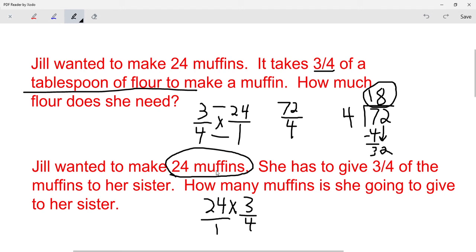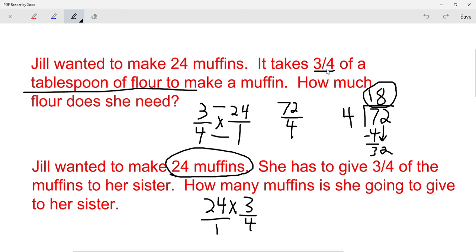This one is specific to fractions, basically. So we're figuring out what 3/4 of 24 muffins is. So we also have to multiply for that one. So these are the two different types of multiplication problems.